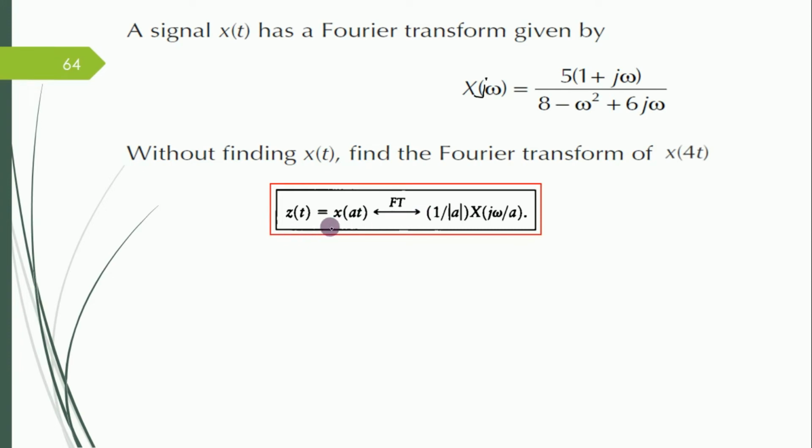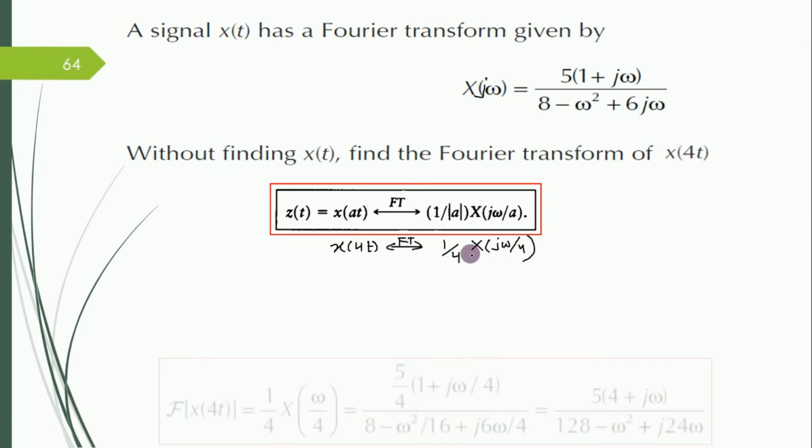We know that for the scaling, z of t is equal to x of at. Its Fourier transform is 1 divided by mod a, where the negative sign you should ignore, times X of j omega by a, where you should not ignore the negative sign. So here, x of 4t, its FT pair is 1 divided by 4 times capital X of j omega divided by 4.